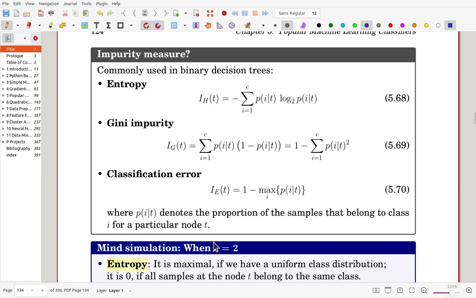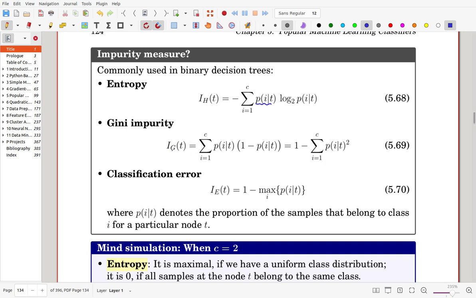So we are working on the node t, ignoring this portion and focusing on i, the proportion, times log base 2 of pi, summed. Because it is less than 0, along with the minus sign the whole thing becomes non-negative.